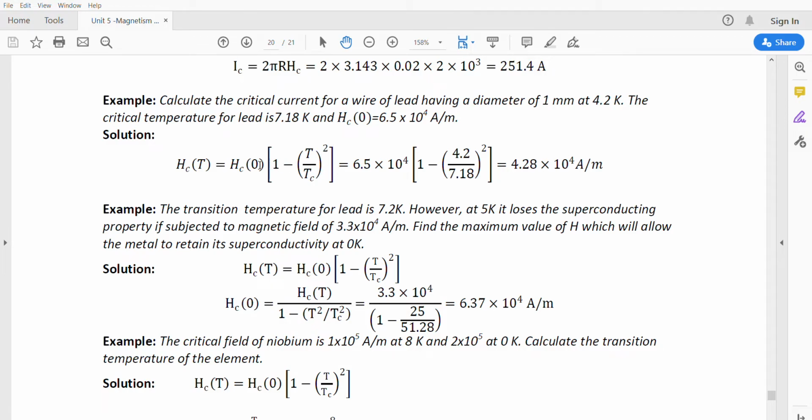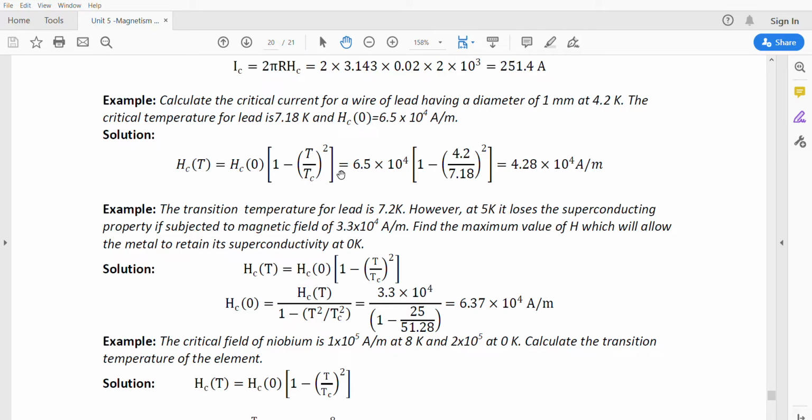So substitute all the given values; write the given data. The diameter of the wire is 1 millimeter, and the temperature T is 4.2 kelvins. The critical temperature Tc is 7.18 kelvins, and Hc of 0 is the given value.